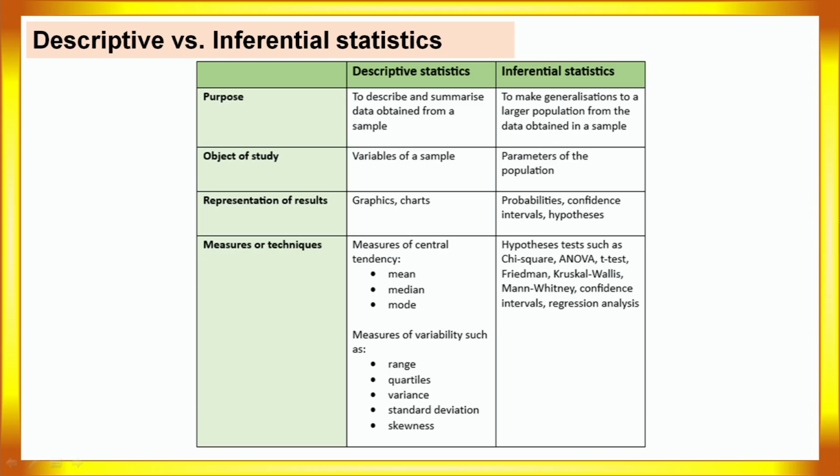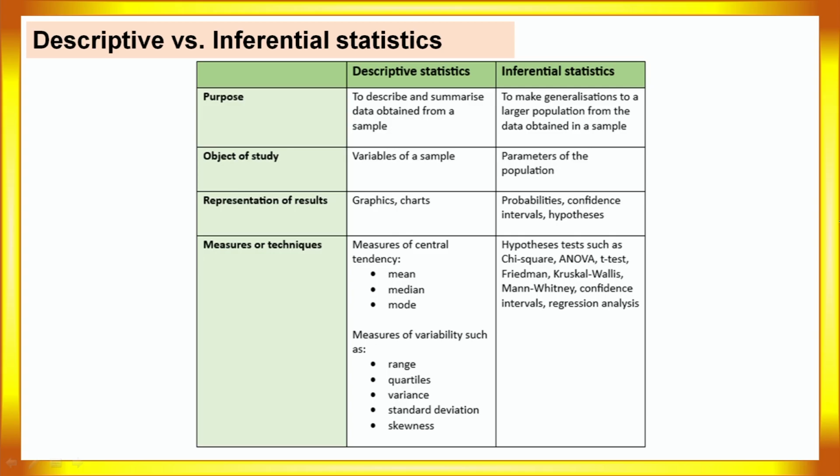Okay. The descriptive statistics are generally represented by simpler tools, like the use of graphs and charts. On the other hand, inferential statistical results are generally described using probabilities, confidence intervals, and hypotheses. I think this confidence interval and hypothesis we have discussed till now in this course.